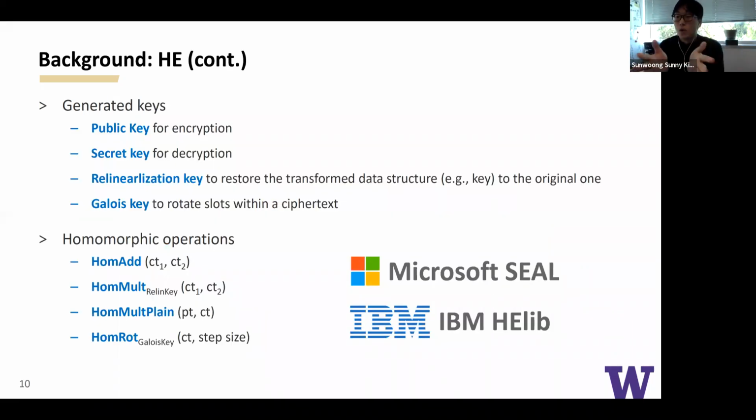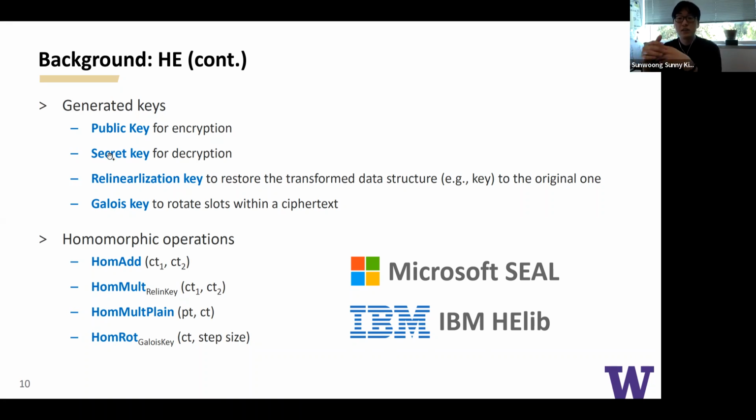And there are some open source software libraries, such as Microsoft SEAL and the IBM HE library, or HElib. Basically, these open source libraries provide similar functions. For example, they have a key generation function, and the generated keys are as follows. The public key is used to encrypt the plaintext polynomial into a ciphertext polynomial.